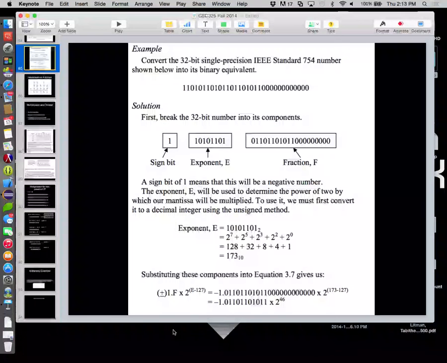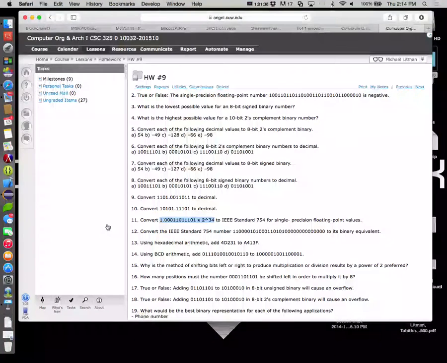All right, so if we have a positive number here, this is the sign bit. Right off the bat, we're going to have that, right? Now, the exponent, E, is whatever we have here, this value minus 127.